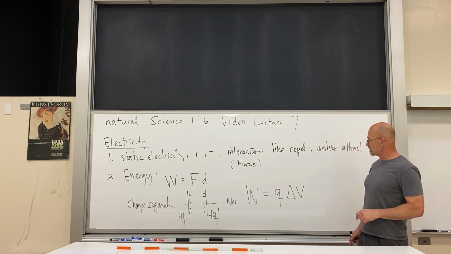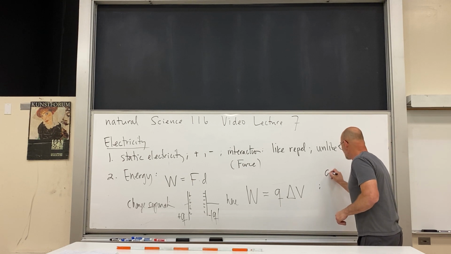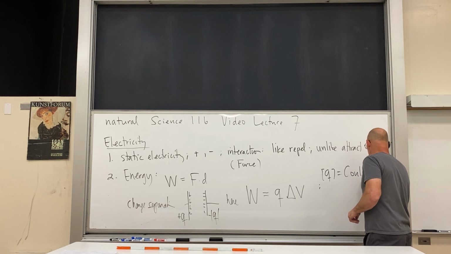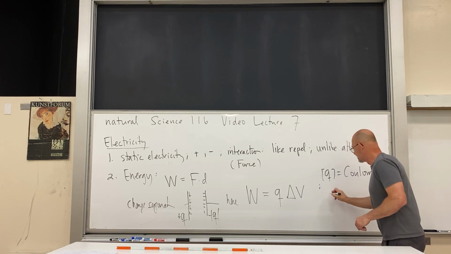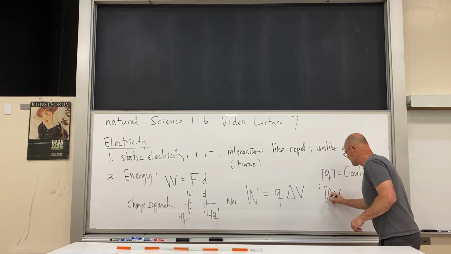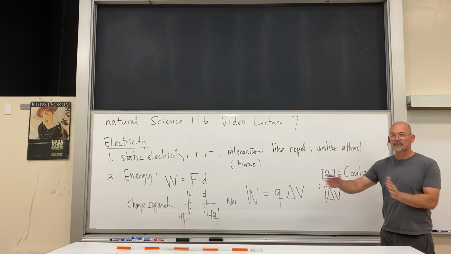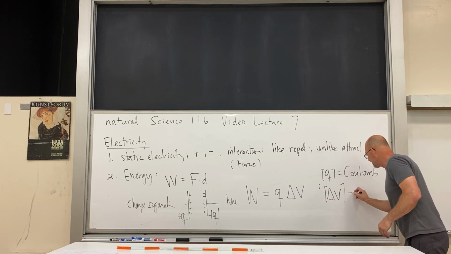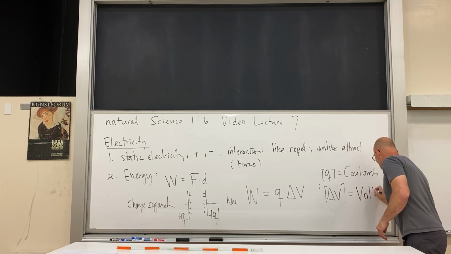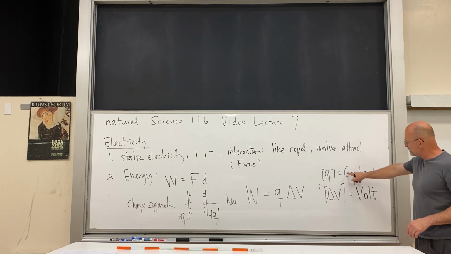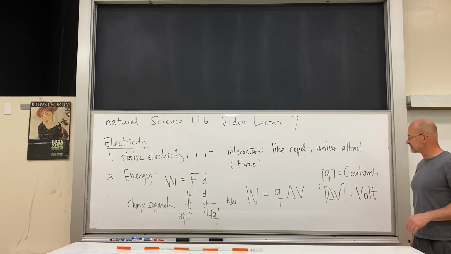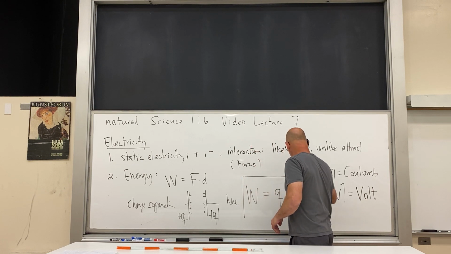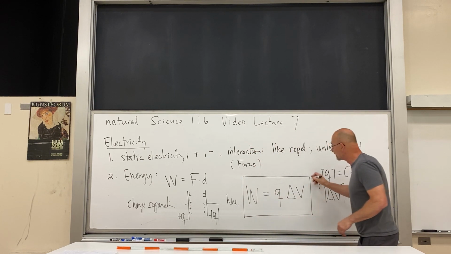For the charge, the unit was the coulomb, and this delta V, the delta even represents a separation, so it's a good symbol. We always have the delta along with the V, and it has the unit of the volt. That could just be capital C, that could just be capital V. So there is our energy stored and ready to use.